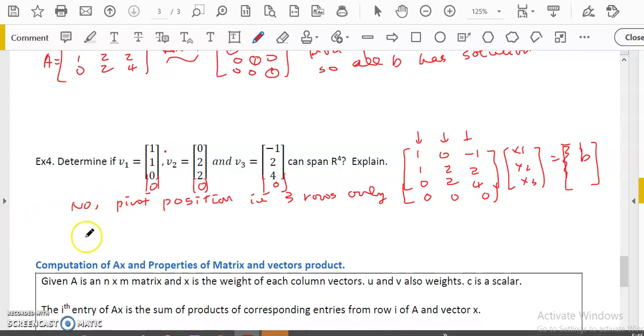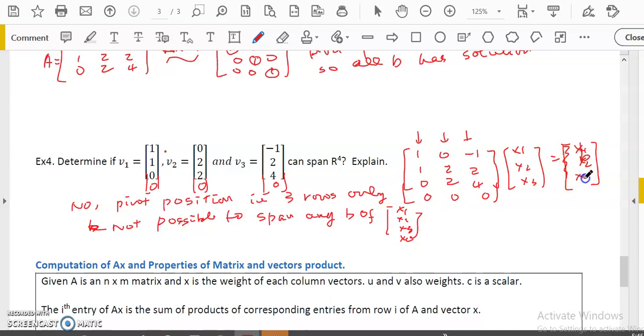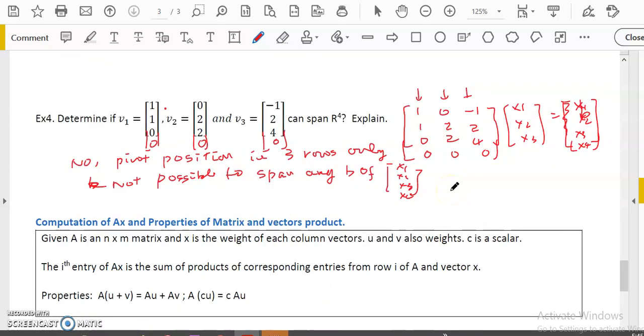So not possible to span for any B of x1, x2, x3, x4, right? R4 has to be x1, x2, x3, x4, b1, b2, b4. So sometimes it's okay, sometimes it's not. So this would be not possible because we only have 3.